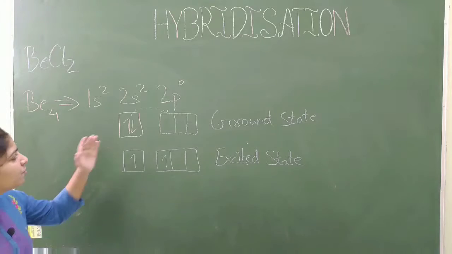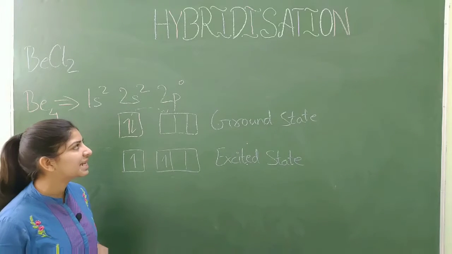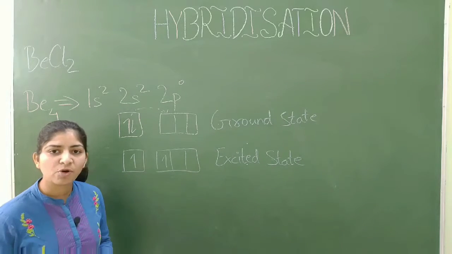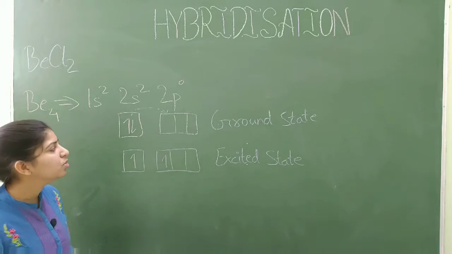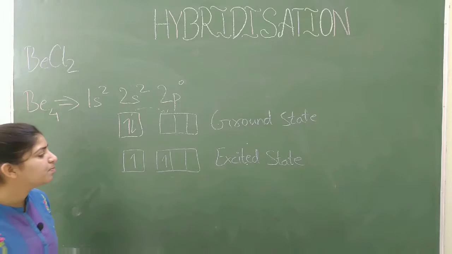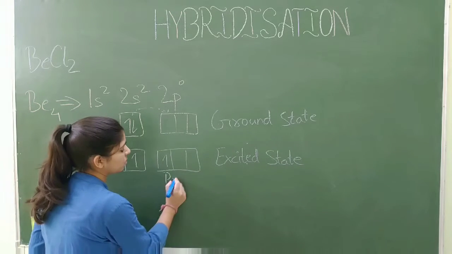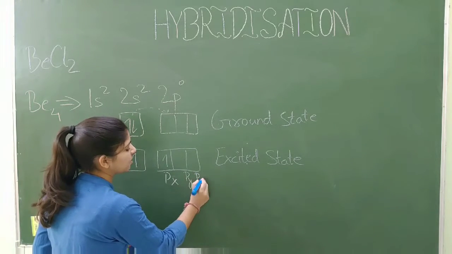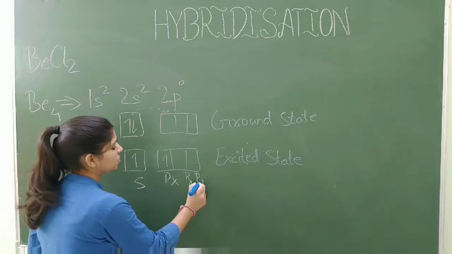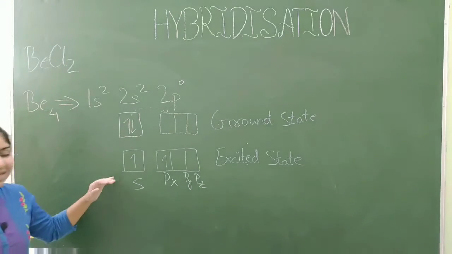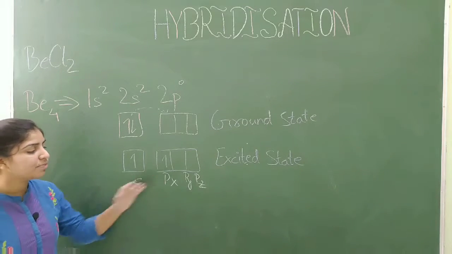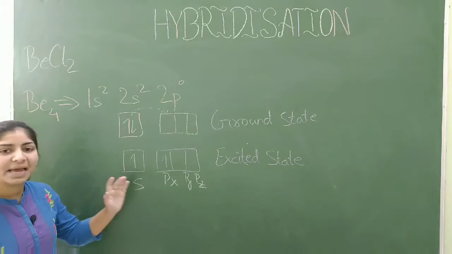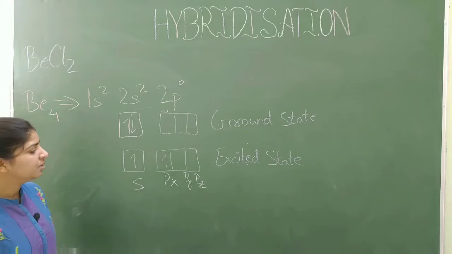So one of the electrons from 2s will get excited and take the place of p orbital, and px is vacant, so one electron will jump and take the place of px. So px, py and pz. Now this is the excited state and this is the ground state. So there are 2 unpaired electrons, that is one in s and one in p.